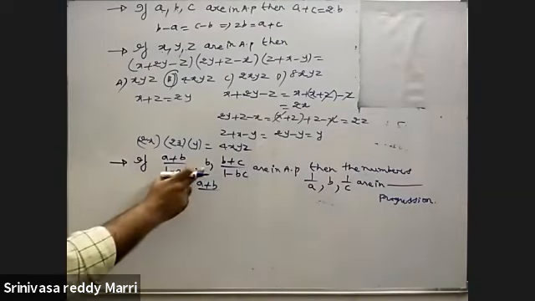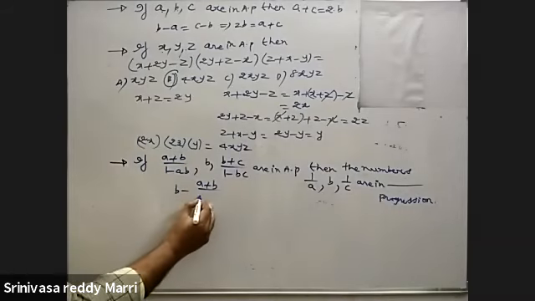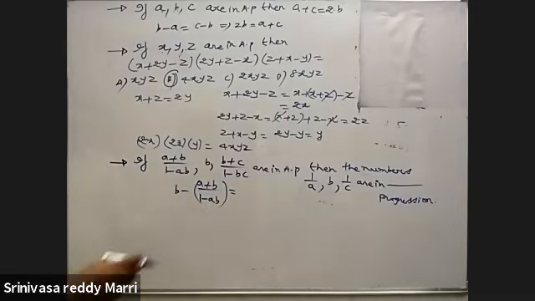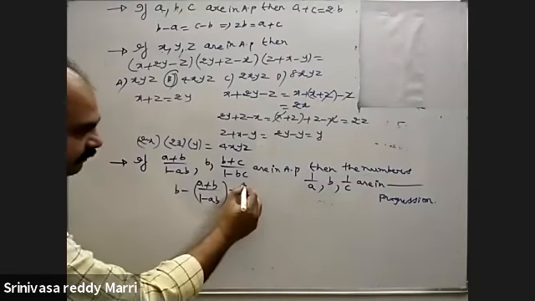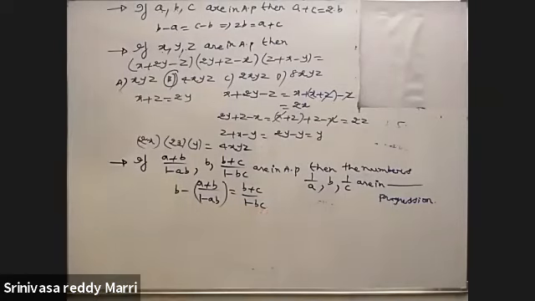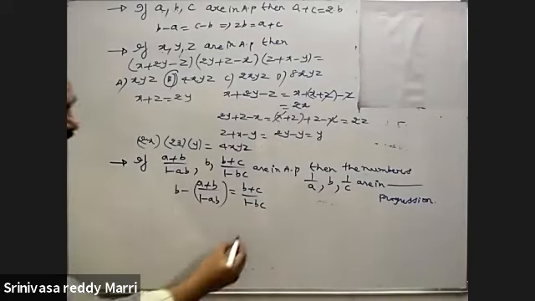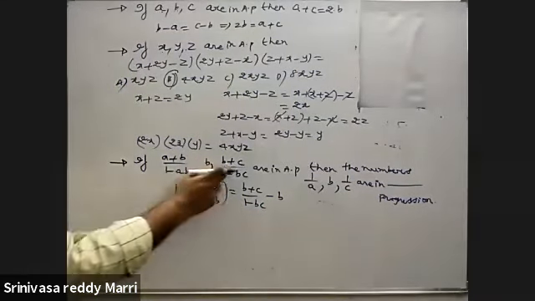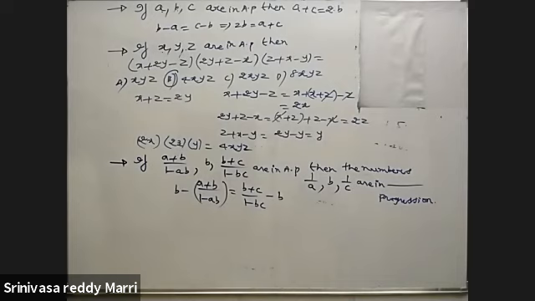Second term minus first term equal to third term minus second term: b − (a + b)/(1 − ab) equals (b + c)/(1 − bc) − b, because they are in AP.